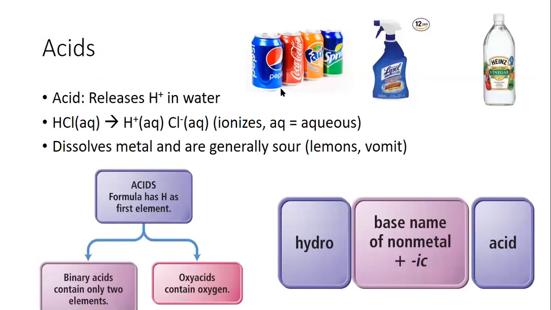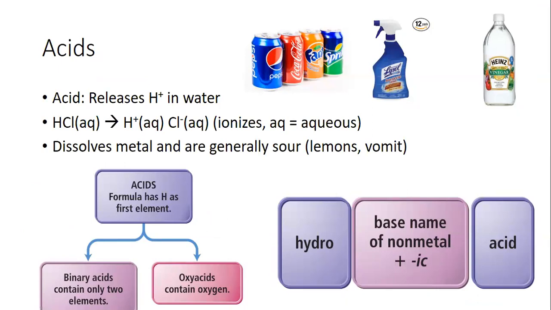Let's move on to acids, though. Acids are found in such things as pop, or as you call it in Texas, I believe that you say soda. Also, cleaning agents and vinegar. What is an acid? There are actually two definitions for acids. We're just going to go with the simple one: it releases hydrogens, H plus, in water.